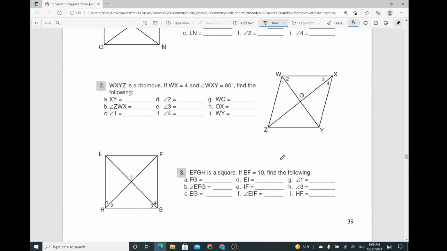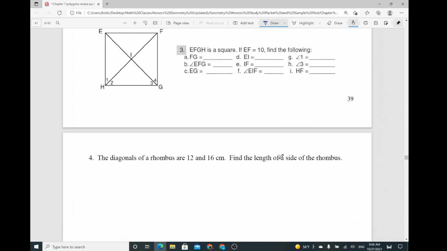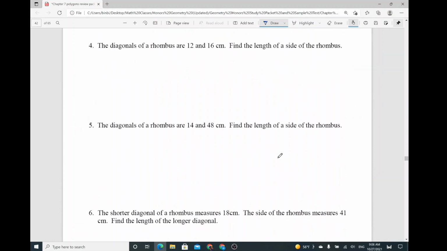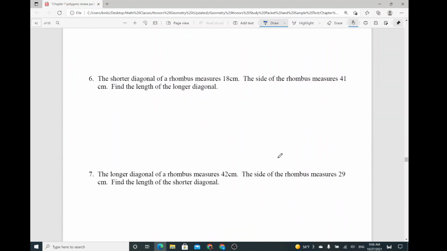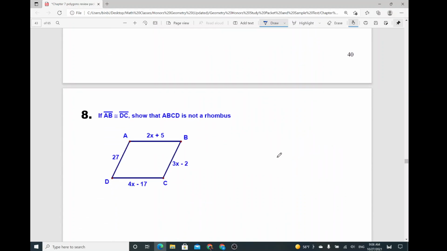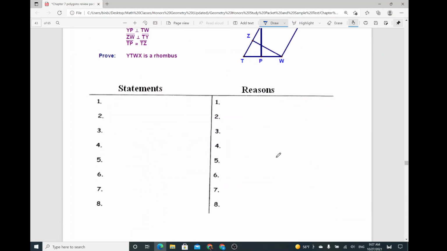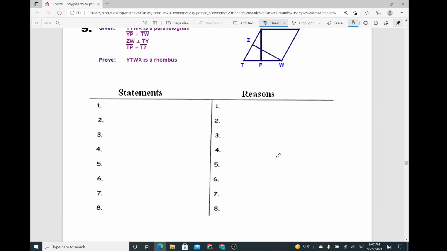It's quite similar to the one that we did earlier for the practice. This one is just a practice problem from this section, and also more proofs, quite similar to the one that we did.